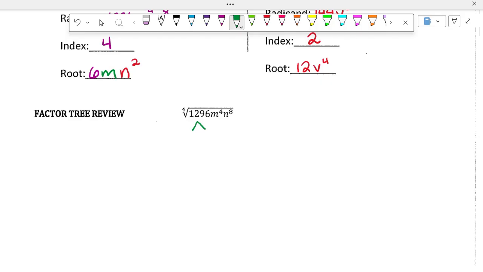So the purpose is you don't want 1. It's an even number, right? So it can automatically be divided by 2. So 2 times what is 1296? 648. Now, when you're doing a factor tree, you want to break it down to its prime factors.